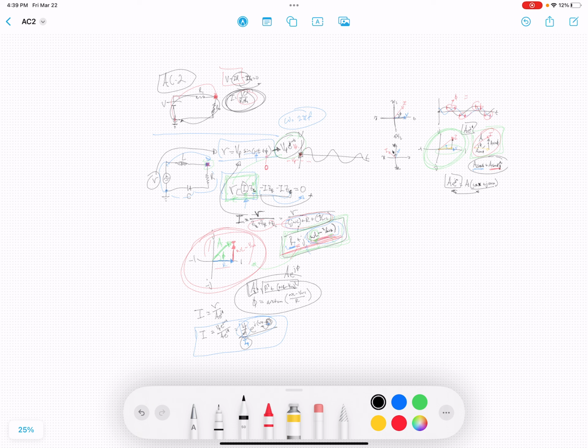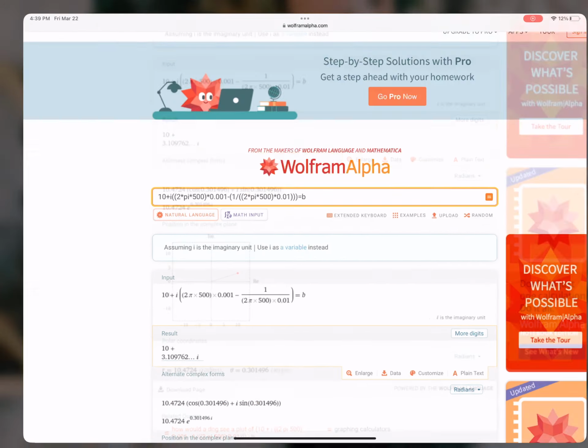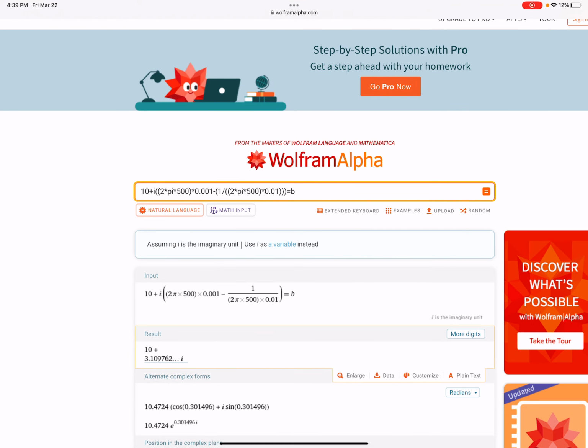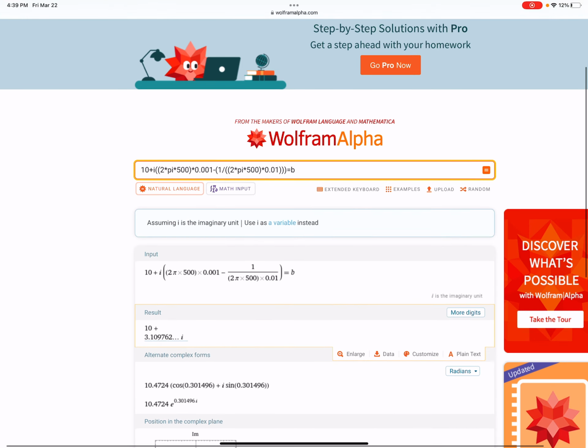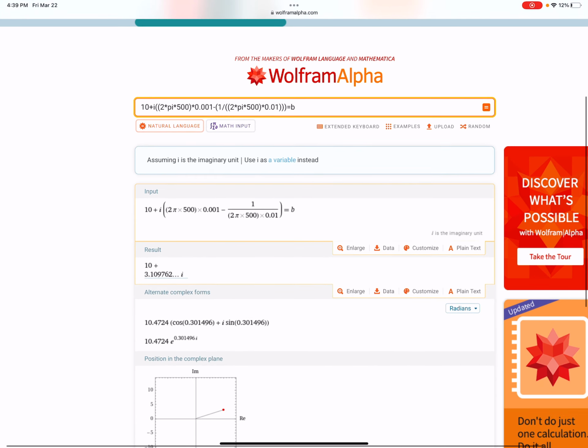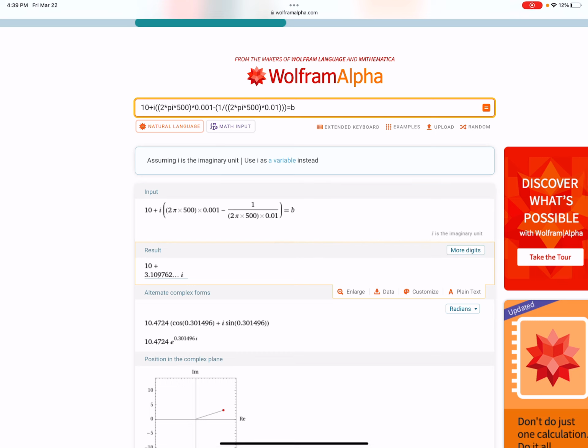Honestly, getting good at this just takes a bunch of practice. It takes some time working through the different scenarios. It can be helpful to take some time and plug things into Wolfram Alpha, right? I've got this expression here, and you can see the input line here, and I like to look at the input line because then I can double check to make sure I entered everything correctly. And then looking at the result is important, right? So I've got the 10 plus this thing.